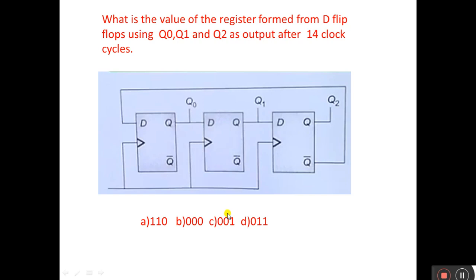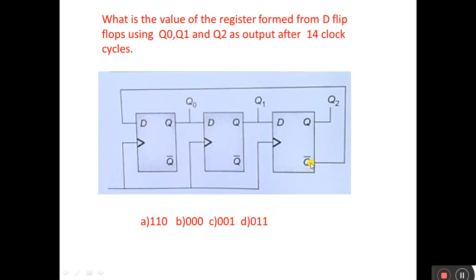Next, what is the value of the register formed from D flip-flops, using Q0, Q1 and Q2 as output, after 14 clock pulses? The options: A 100, B 000, C 001, D 011.